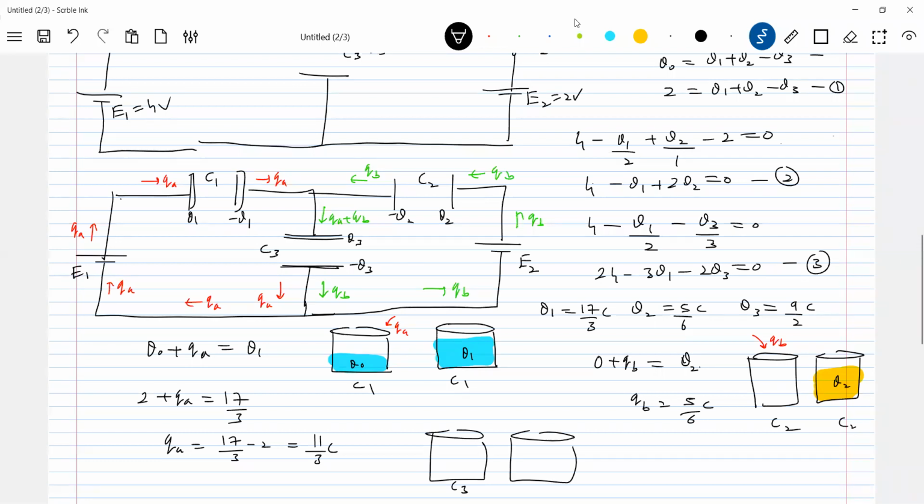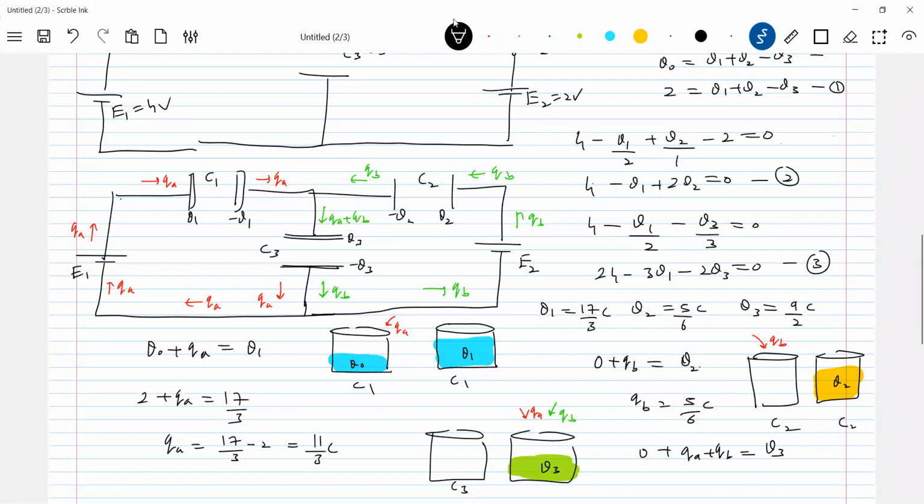QA plus QB. QA and QB charge we added, and it has become some Q3. So write the equation: 0 plus QA plus QB equal to Q3.